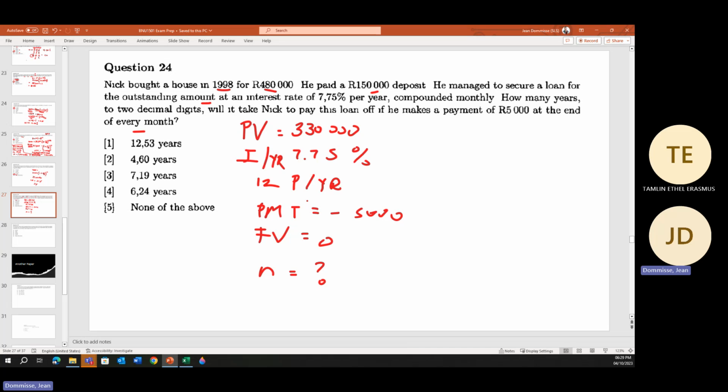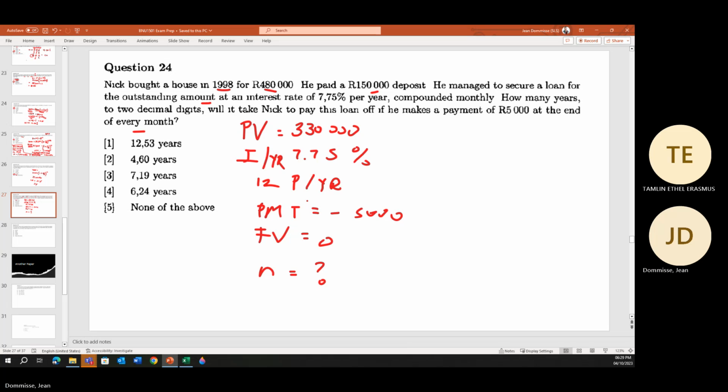7.75, that was really long ago when interest rates were that low. 5,000 negative payment per month, 0 future value, 350,000 as your present value.